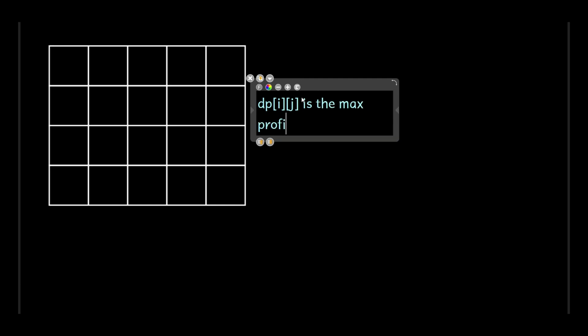You start out with this DP definition where you say DP of ij is the max profit to reach R comma C. This is the DP definition that you have.